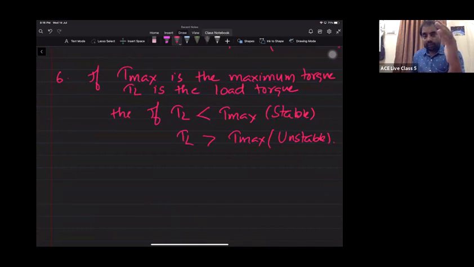Now the question is, please see how to link up. If the rotor circuit parameters are given, what are those rotor circuit parameters?